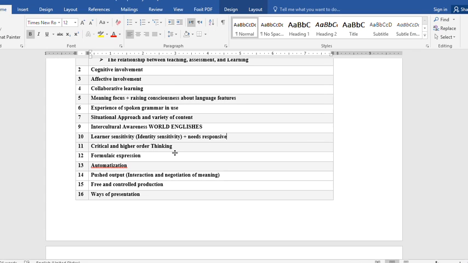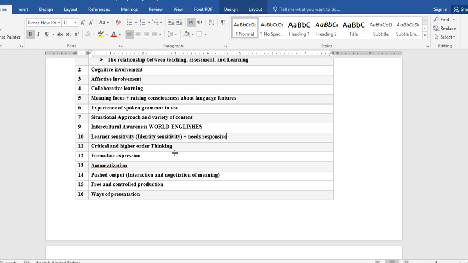Whether we agree or disagree, whether we accept or refuse it, materials or textbooks have two options: either they improve critical thinking or they are neutral.